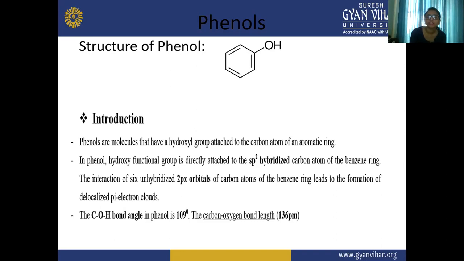So delocalization is due to the double bonds present and due to the interaction of the unhybridized 2pz orbitals of the carbon atoms. In phenol, the C-O-H bond angle is 109 degrees, so here the bond angle between this carbon and OH is 109 degrees. And the carbon-oxygen bond length is 136 pm.